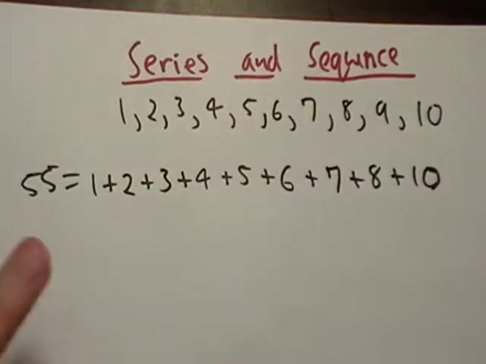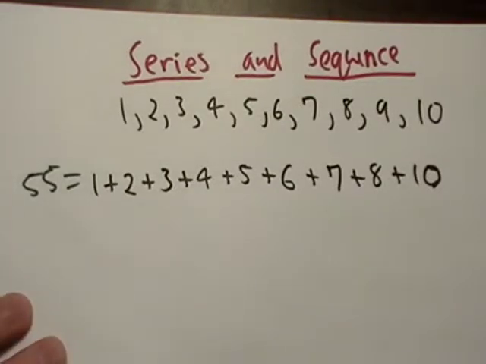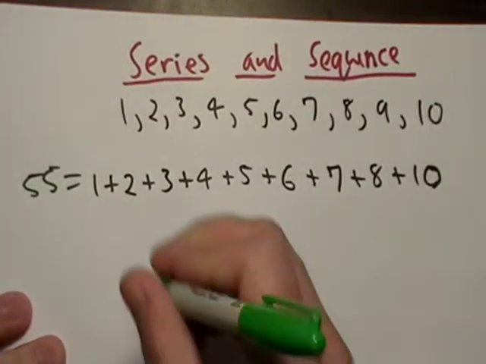And that's what we do. Sometimes this series of numbers could go on to infinity for all we know, but in this case, it just went up to 10. So, let me introduce you to a new type of notation, and it's basically how we represent this whole thing.